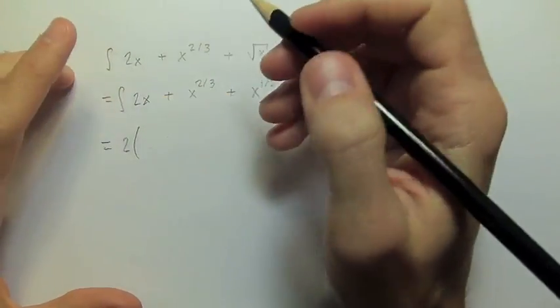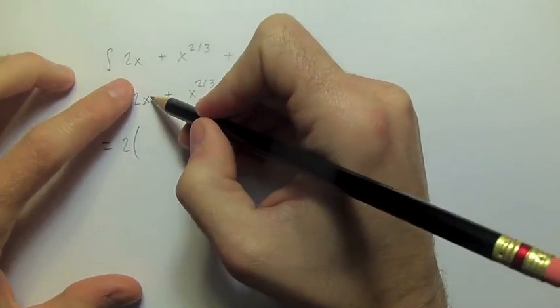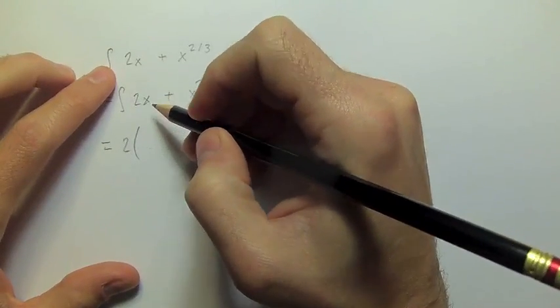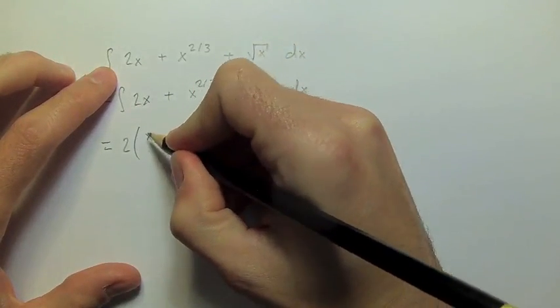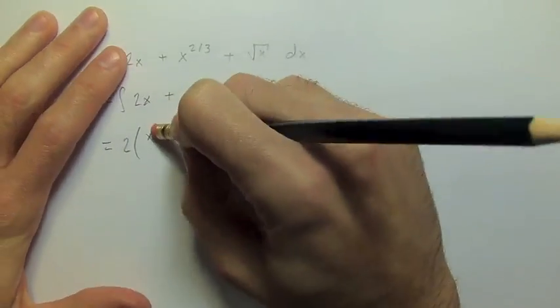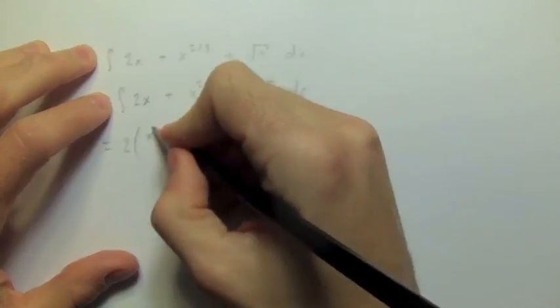Now I'm going to use the backwards power rule for x, so that's x to the 1, so it's going to be x to the 2, or I'll just go ahead and write it out for this first go.